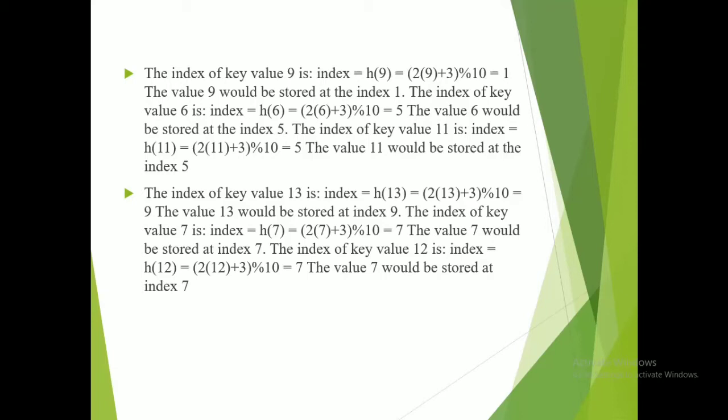The value 13 will be stored at index 9. The key value is 7. Index h(7) = (2 × 7 + 3) mod 10 = 7. The value 7 will be stored at index 7. The key value is 12. Index h(12) = (2 × 12 + 3) mod 10 = 7. The value 12 is stored at index 7.